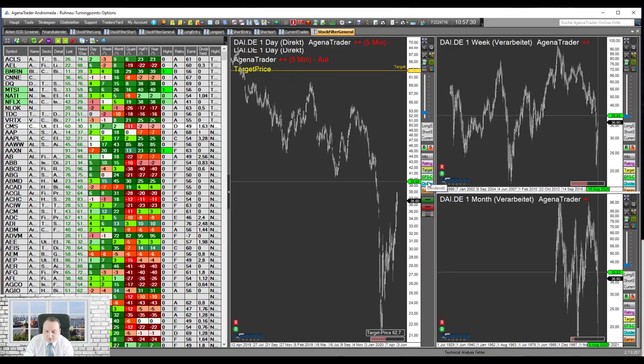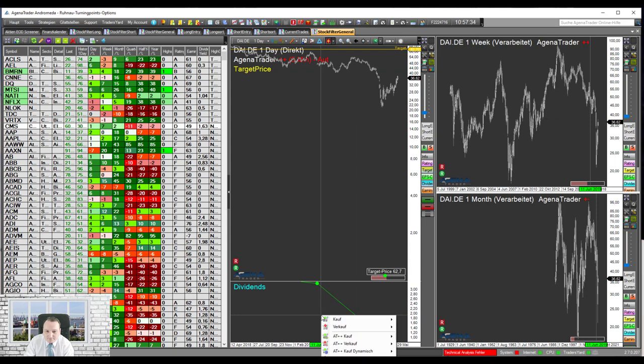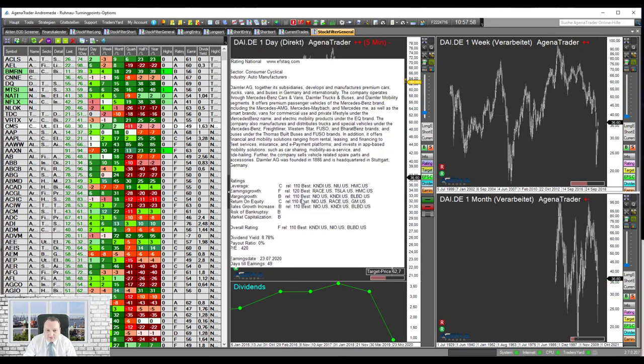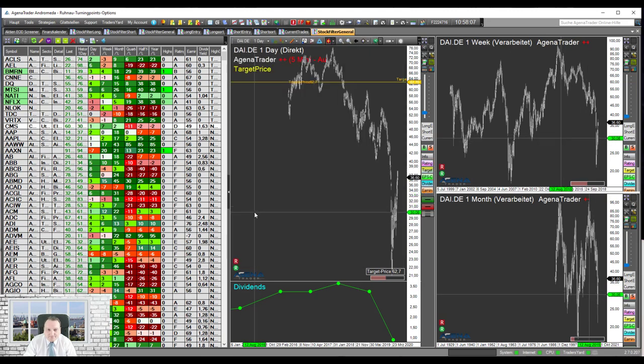You also have a look at the dividend here. With the German stocks it's also working, so you can have a look here at the fundamentals of the stock and which are good comparable stocks.